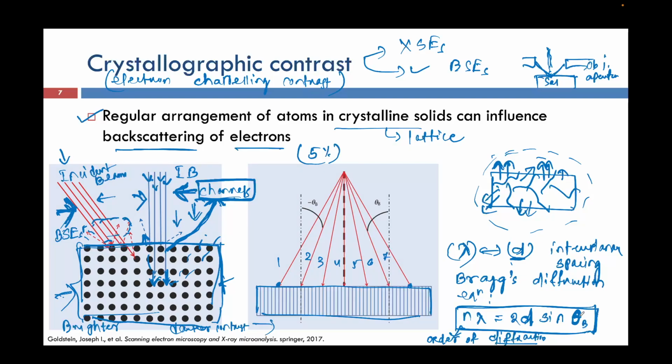Now coming to this diagram, since the electron beam is scanning from point 1 to, let's say, point 7, with beam 1 to beam 7, it will be scanning a large amount of area. So if my electron beam is scanning a large area, then there will be some theta b, that means the Bragg's angle, where the scattering will take place.